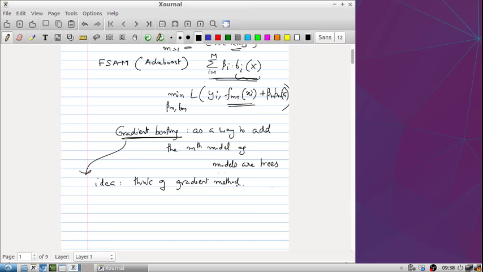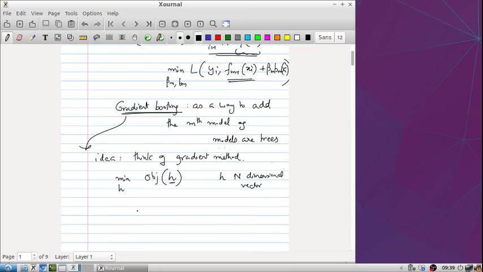It's quite straightforward. Let's say you had some objective, let me just use obj as the objective, and you had some parameter, which I'm going to write as h. It's a vector. Let's say h is n dimensional, and you want to minimize over h, all vectors, some objective. So the idea of the gradient method is to compute the gradient.